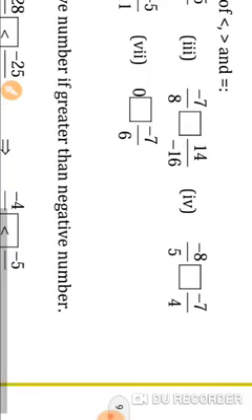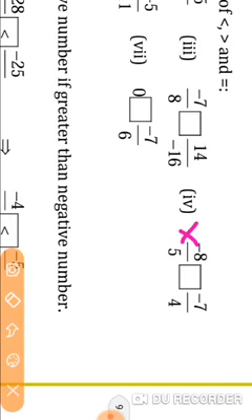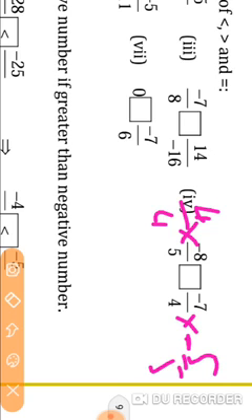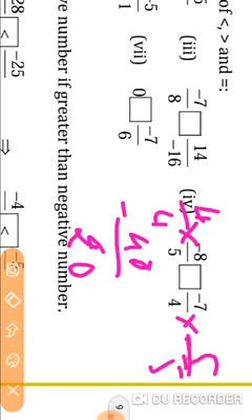Then this one, the denominators are different, we cannot cancel, both are negative only, so make the denominator the same by taking the LCM. By which number do you want to multiply? By 4 by 4, and by 5 by 5. So what it becomes? Minus 40 by 20 and minus 35 by 20.